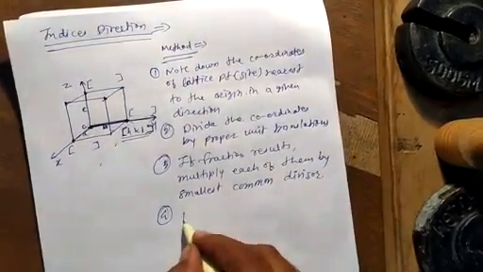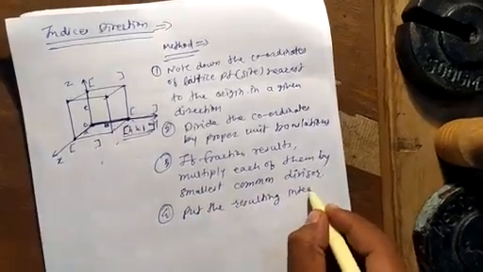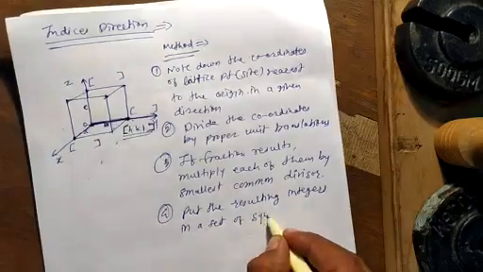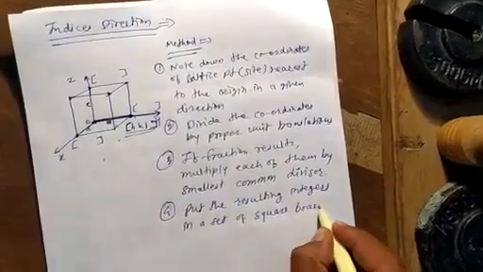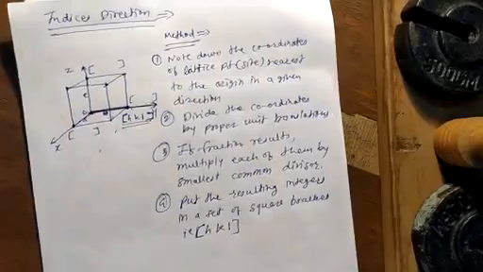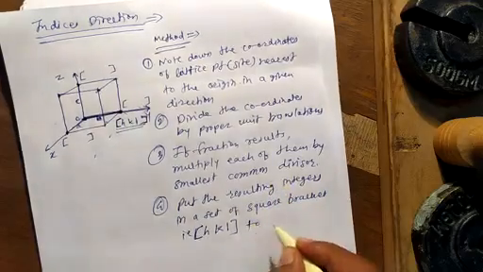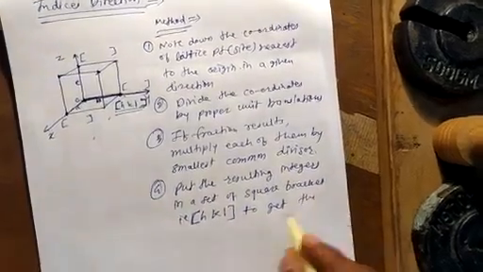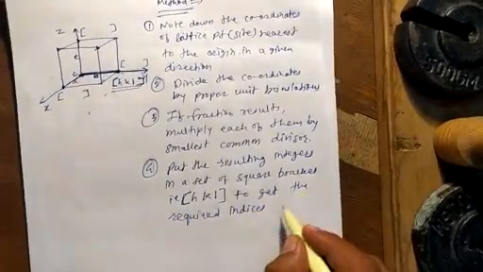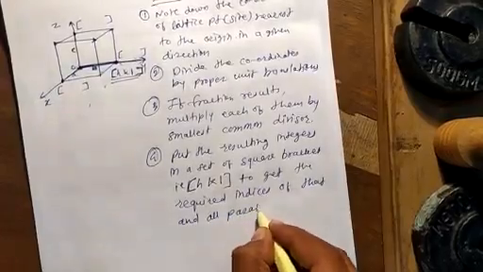And fourth, put the resulting integers in a set of square brackets, that is, in square bracket [h k l], to get the required indices of that and all parallel directions.